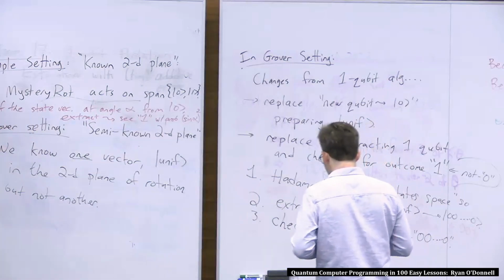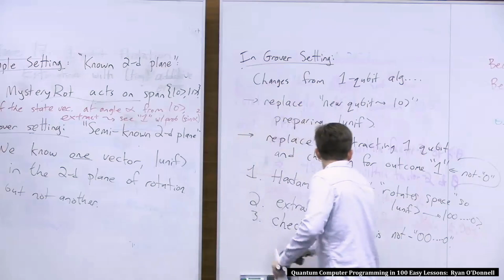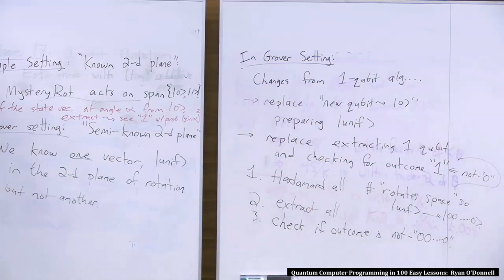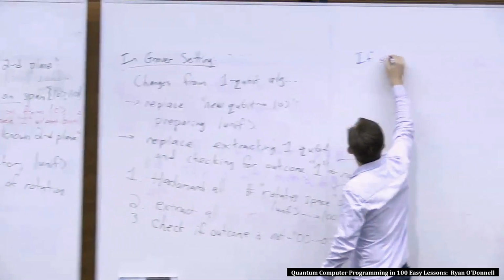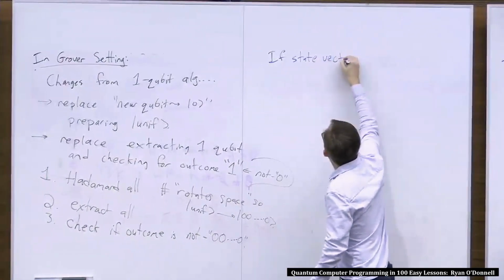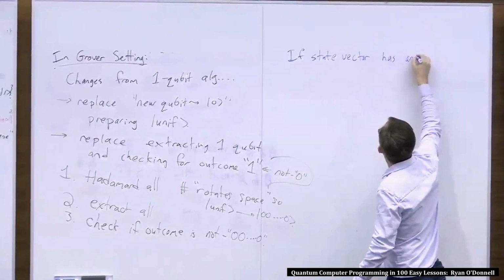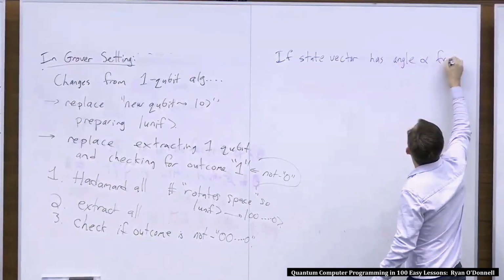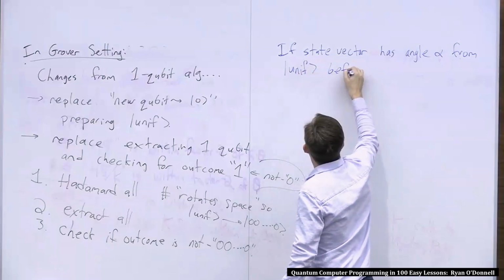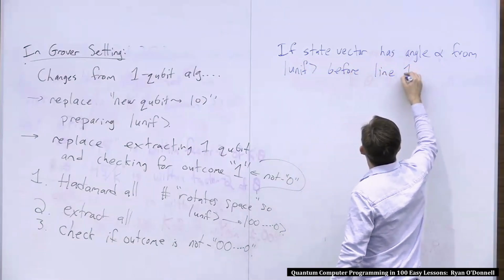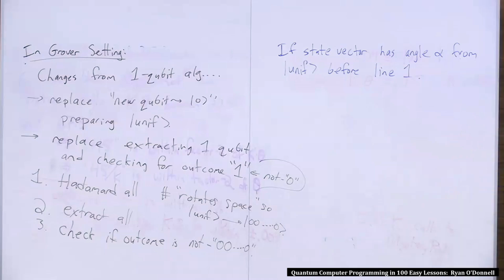And why does this work? Why does this do what we want? Well, suppose that in the course of this Grover setting, you got the state vector to be at some angle alpha before line 1, when you try to do your new kind of measurement.